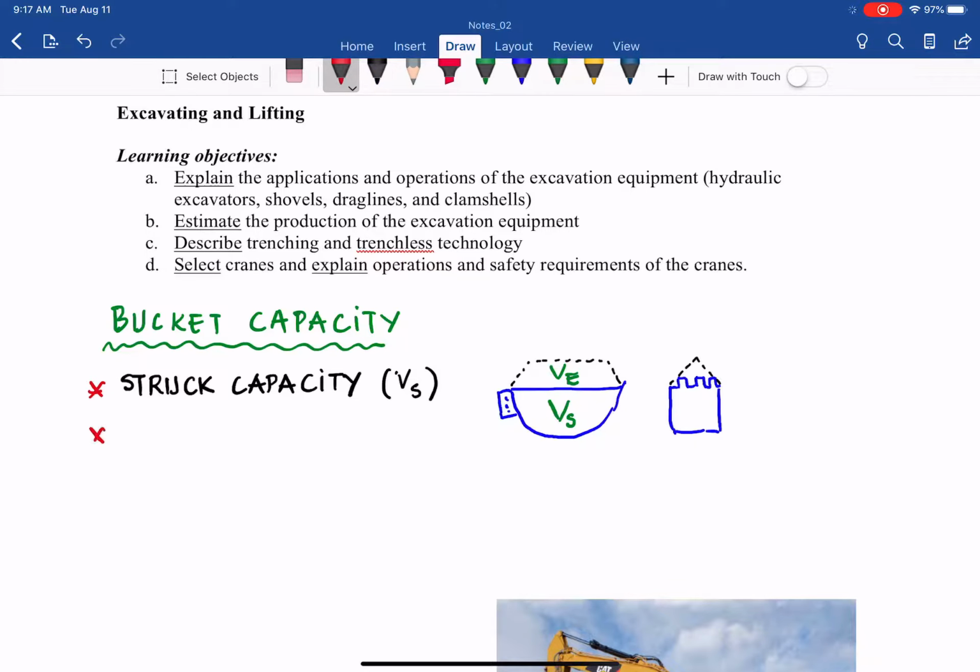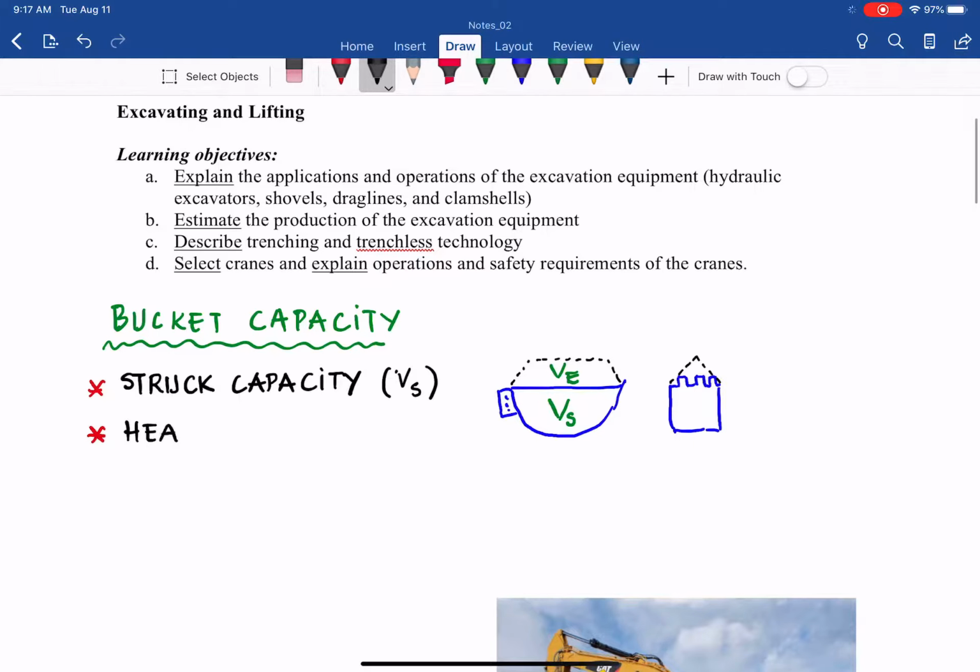The second one, when we consider the excess material VE, that we call heap volume. And that is called VR. And in this case, VR, heap volume, is equal to the struck volume plus excess volume, VE. So E stands for excess.